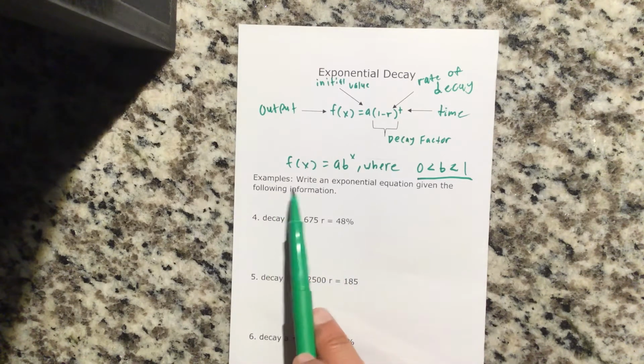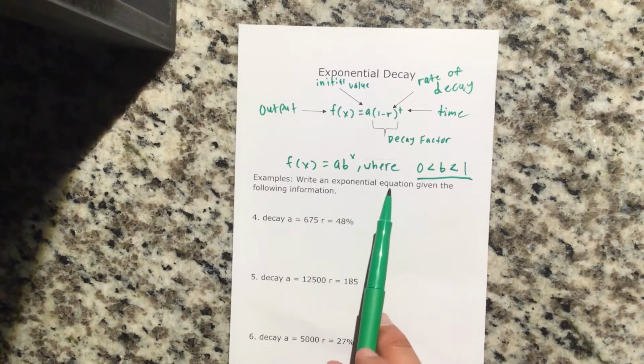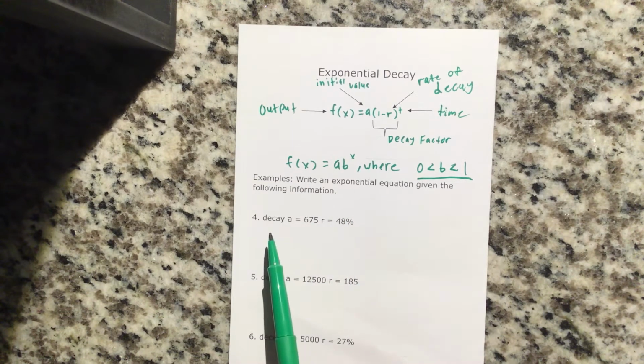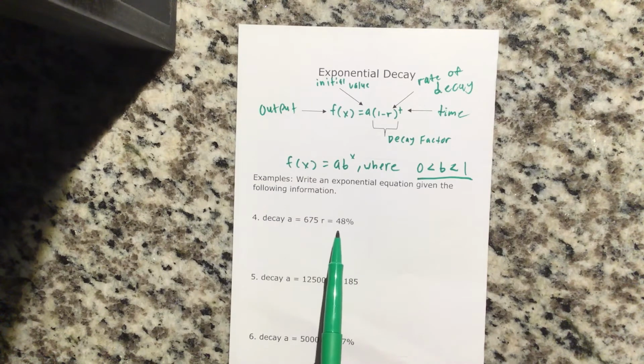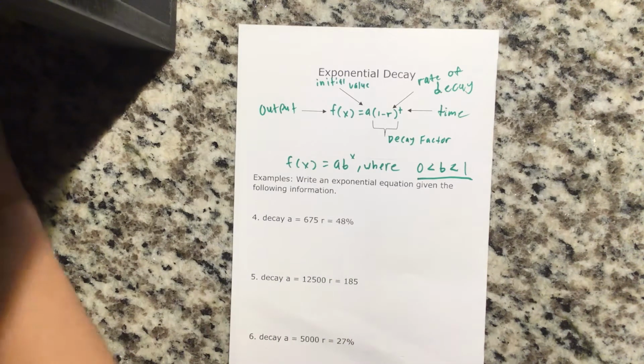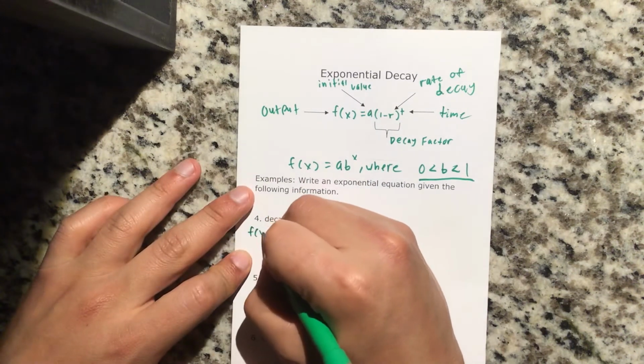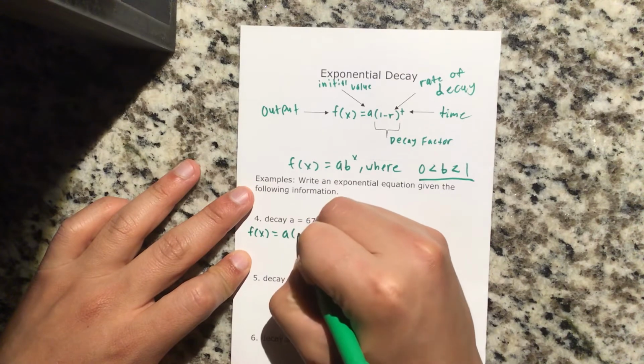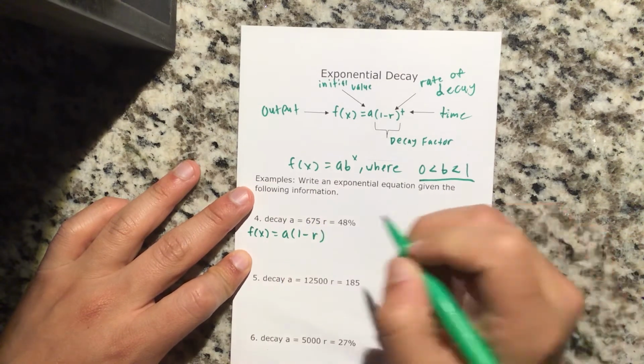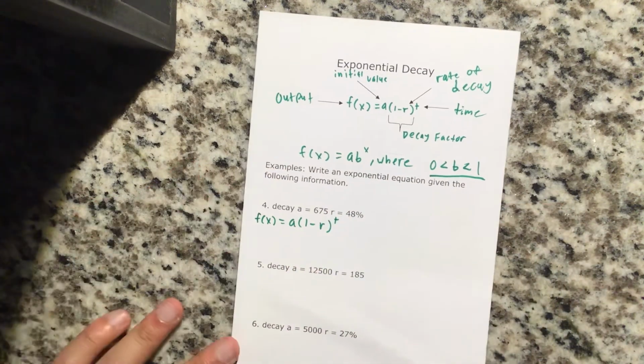So let's start with number 1. So let's write our example exponential equation given the following information. So it's a decay. My a is 675, and my r is 48%, okay? So set it up the same way. We're going to use our general formula. So f of x equals a times 1 minus r, right, since it's a decay, to the t power, okay?